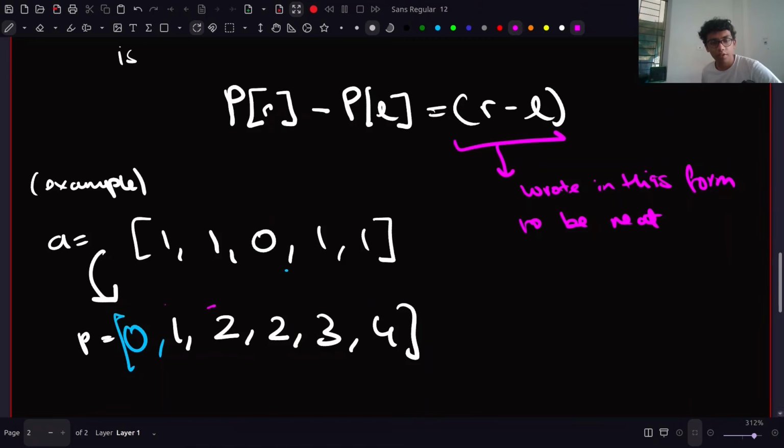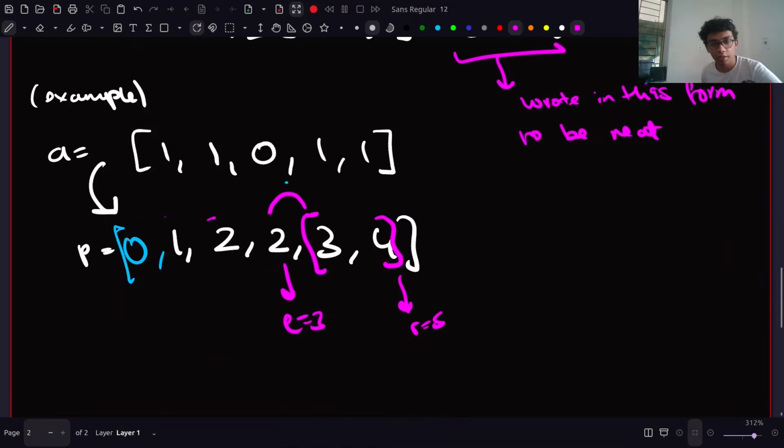Now let's consider this one as well. Let's talk about this subarray. For this subarray, L equals 3, R equals 5. It's half closed, so the left one will always be one more than where the subarray starts. So what is R minus L?